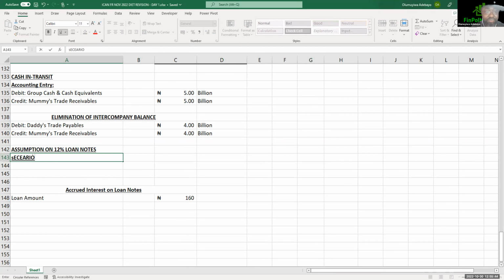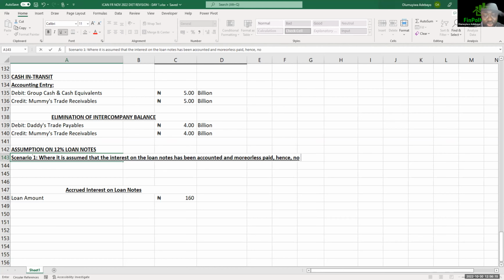Scenario one: where it is assumed that the interest on the loan notes has been accounted for and more or less paid, hence no adjustment is required.